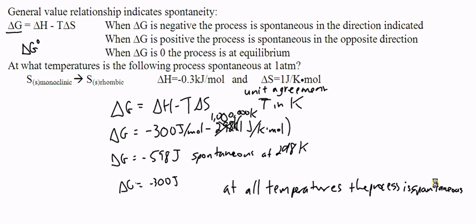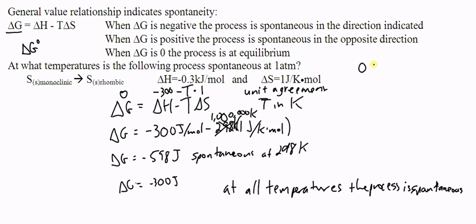So pretty much another way that we could have set that up is we could have set our delta G value as 0, because that's the equilibrium point. Delta H would be the negative 300. T would have been still the variable that we would be solving for, and then delta S would have been 1.